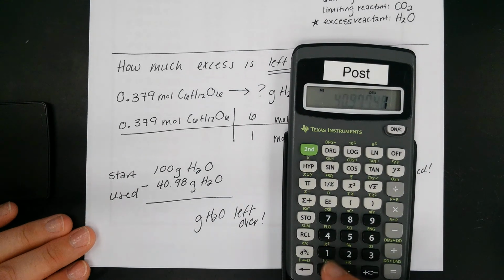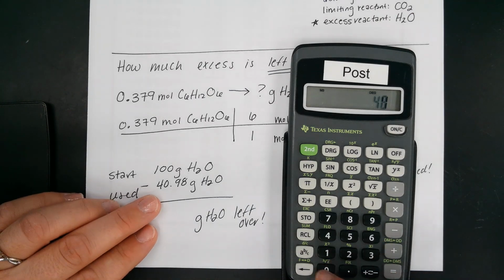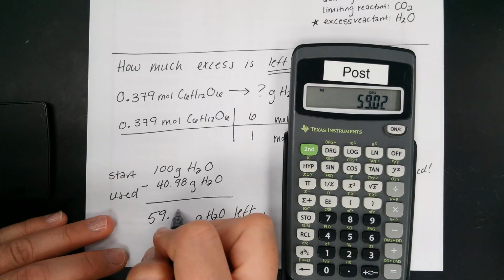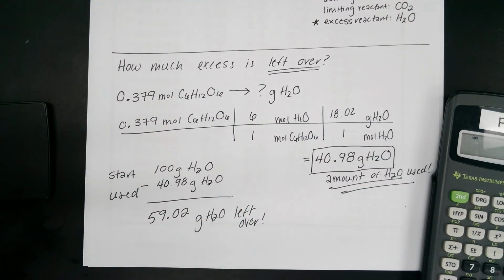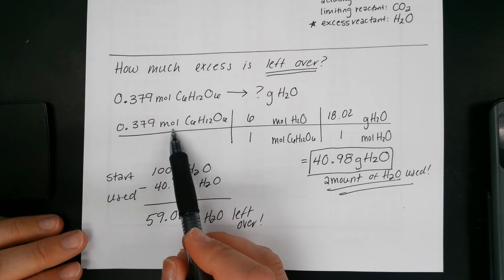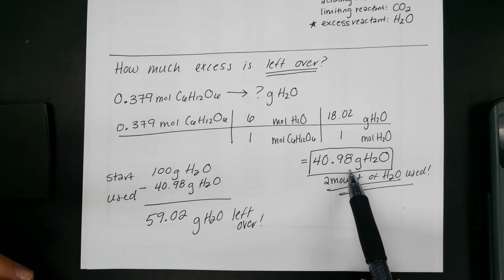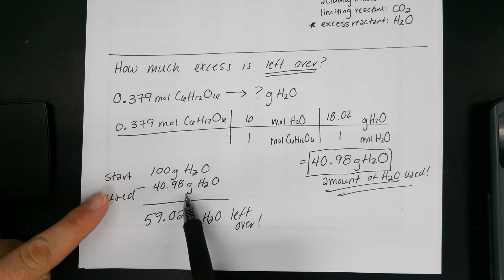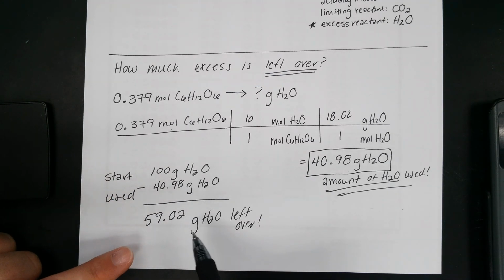We plug it in, 100 minus 40.98, and we get 59.02 grams of water left over. So again, we took what we actually made, converted it to our excess. What we started with for our excess, we took away what we used, and that's how we get what we're left over with.